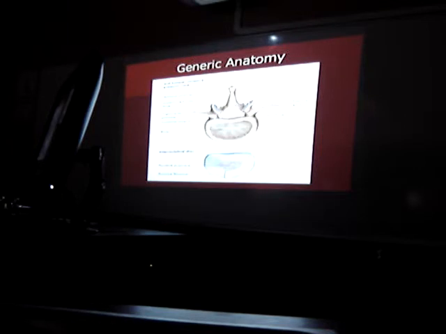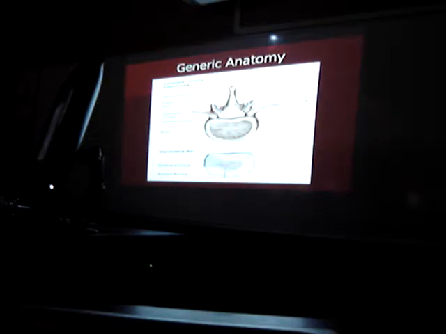Okay. So generic anatomy, as I said, we have the body, and then connecting the body to the whole rest of it are two little necks on either side called the pedicle. Then protruding out to the side we have the transverse processes, okay, and the spinous process, and there are numerous articular facets with which this vertebral body articulates with the next one up or the next one down.